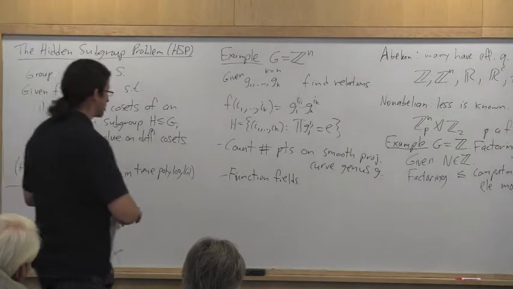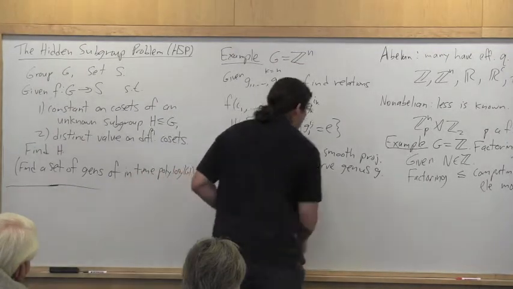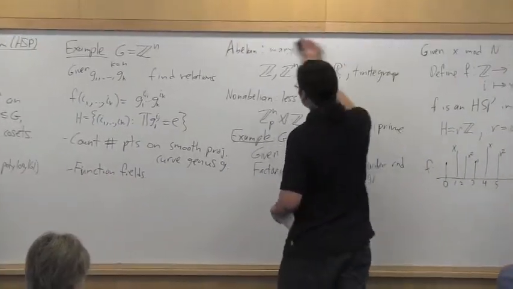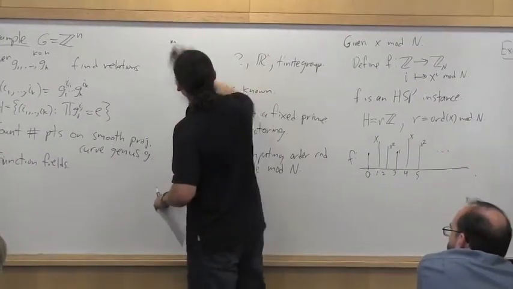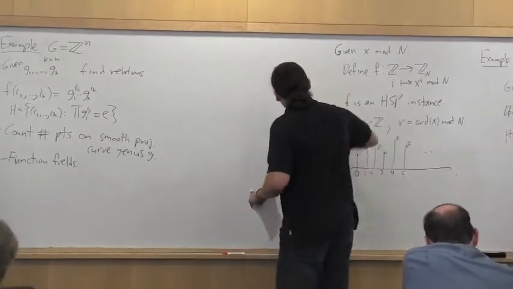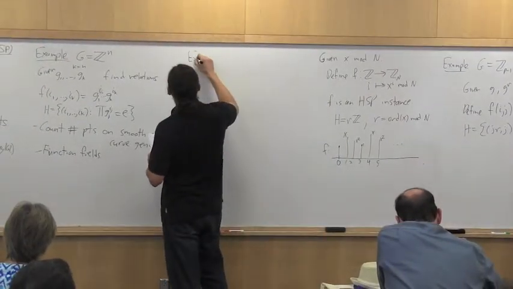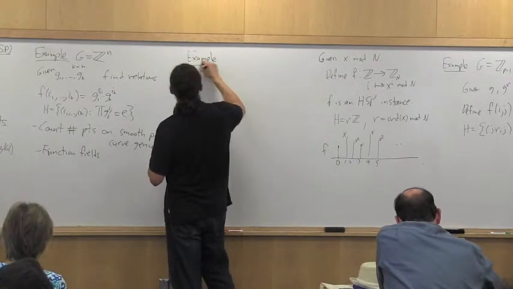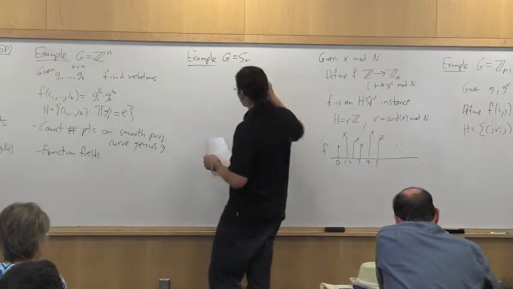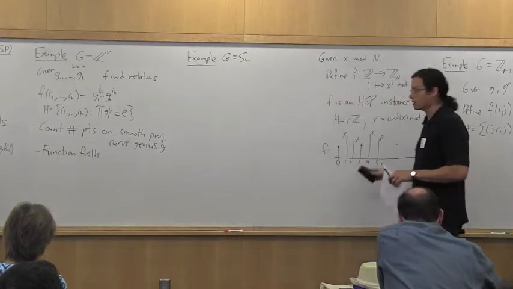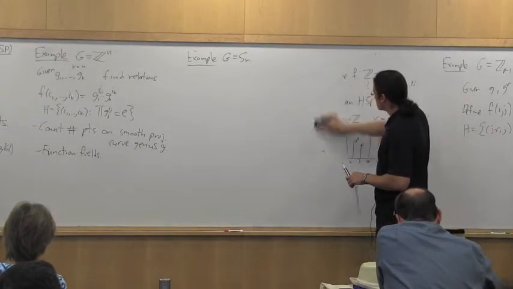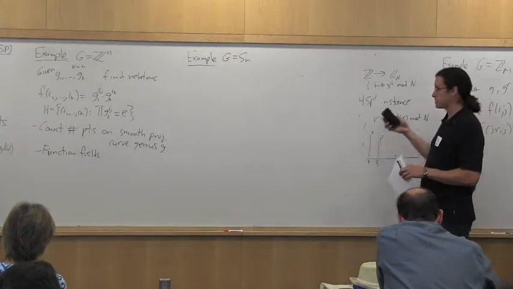Okay. So let me show you two things we cannot solve, but where we have reductions, two non-abelian groups. The first one is the symmetric group, with permutations of n elements. In this case, there's a reduction from graph isomorphism to the problem.